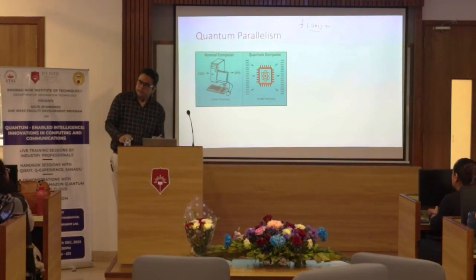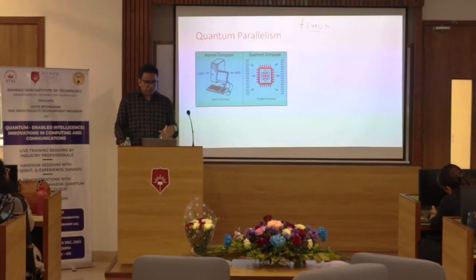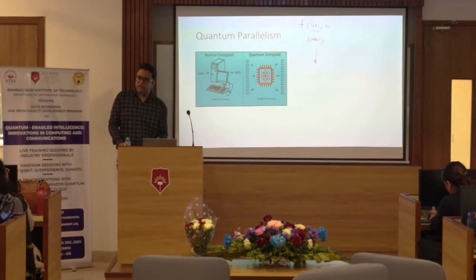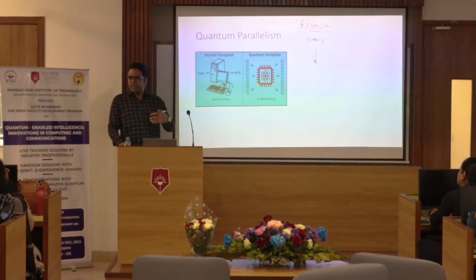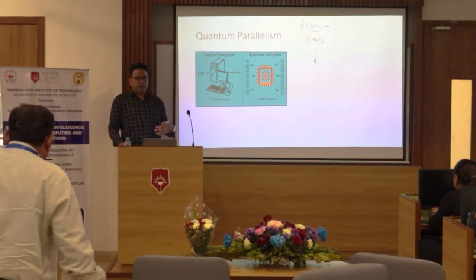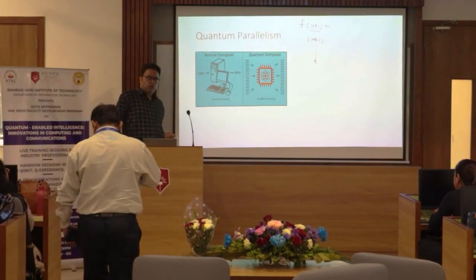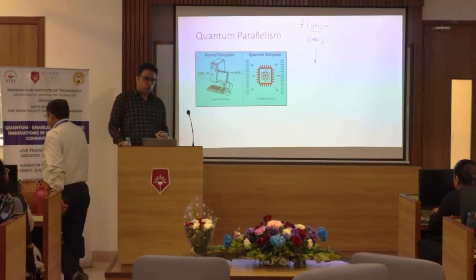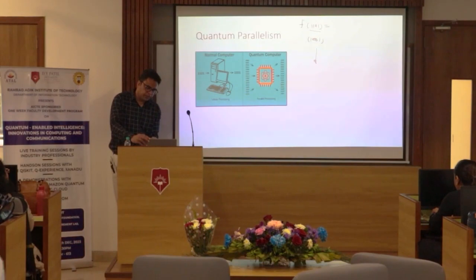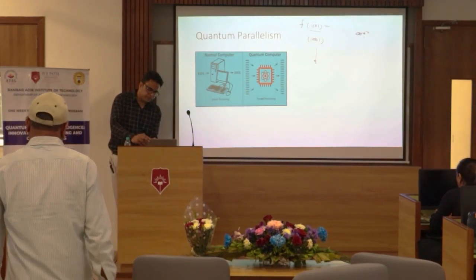If I ask you to compute again for 1001, you will call this function again. If I ask you to compute for all possible 4-bit values, you will apply it in series, one by one sequentially, from all zeros to all ones, that is 2 power 4 combinations.